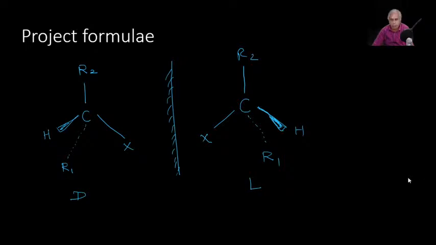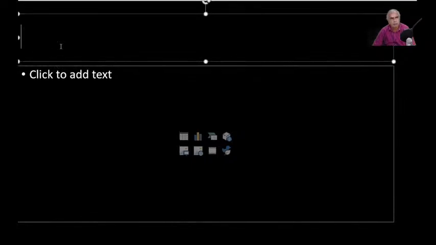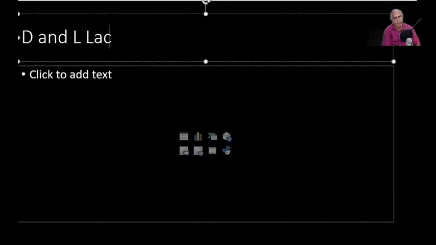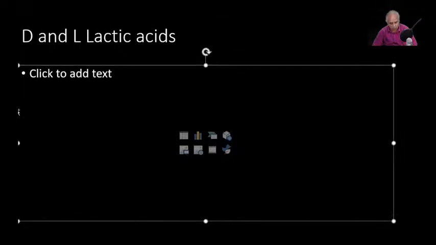Right. So let me move to the next example, that is DL lactic acid. Take down D and L lactic acids. Lactic acid is present in milk sugar, lactose, as we used to say.